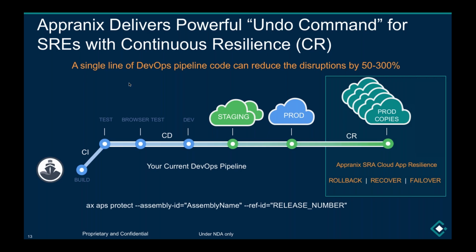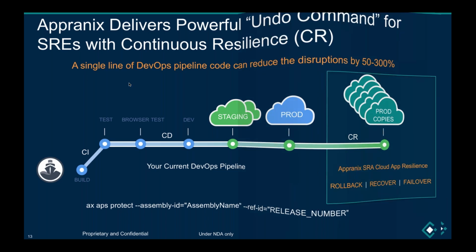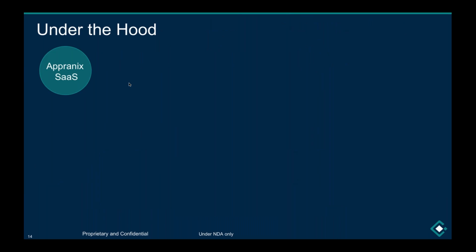Whenever you do your deployments, that release number is attached with the deployment, and an application environment copy is automatically made for you as part of the time machine, right? So that you can go back, roll back, recover, failover, create environment for multiple purposes, as I mentioned earlier. So that's a tremendous capability that is not available in the marketplace today, and Appranix has introduced that as an innovation on top of the cloud platforms.